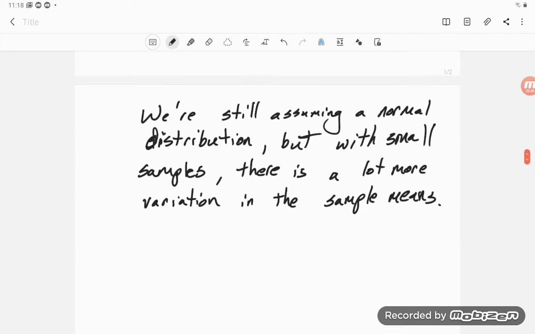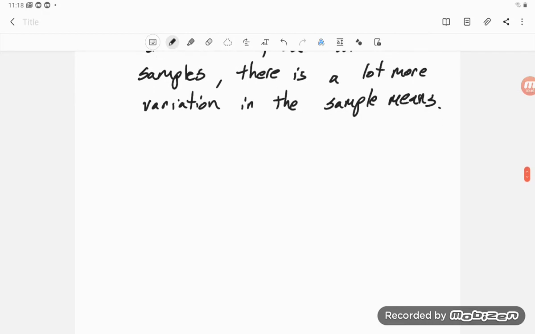When one looks at that table, we have degrees of freedom, and this is just your sample size minus 1.